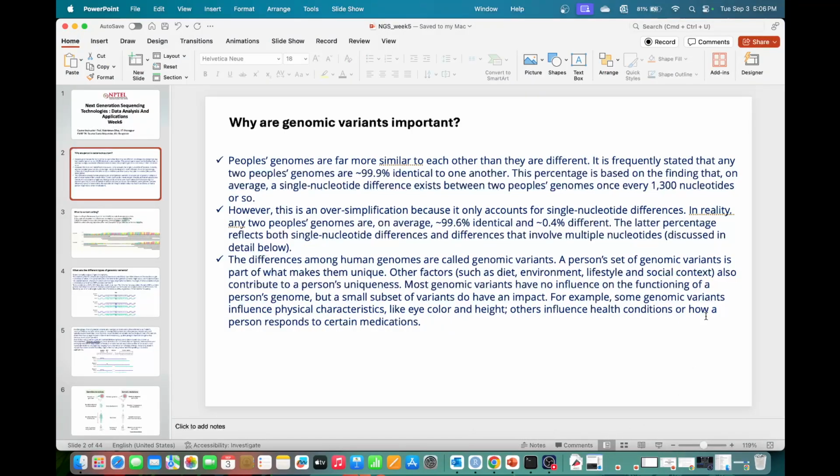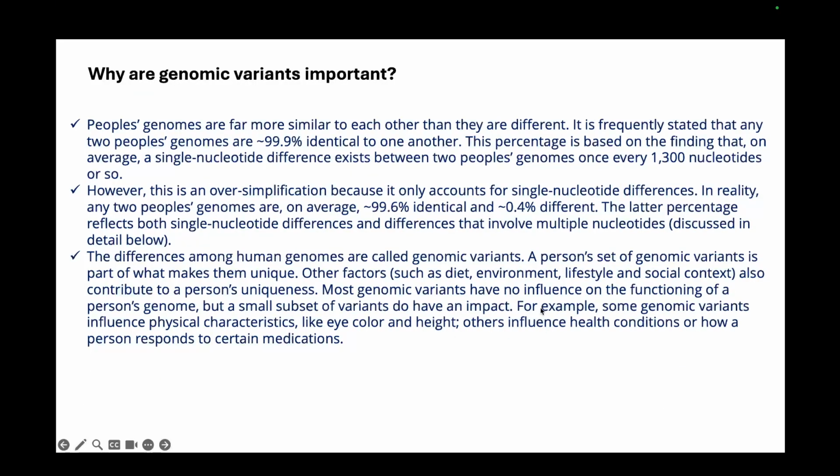individual. So for example, some genomic variants influence physical characteristics such as eye color, hair color, height. Others influence health conditions or how a person responds to certain medications. So this is also very important in terms of pharmacogenomics. A drug will not be equally effective for everybody, because the genome of every individual will not be the same.